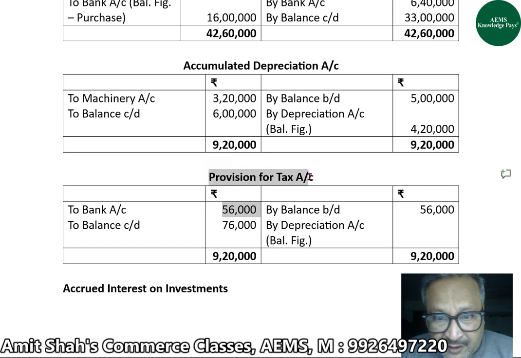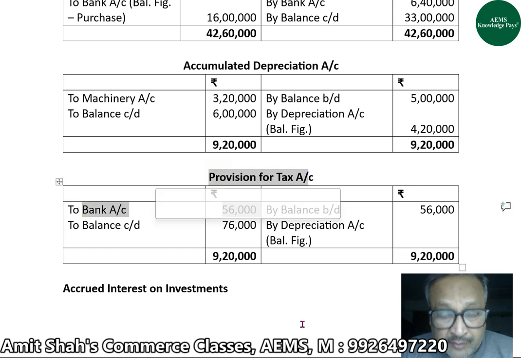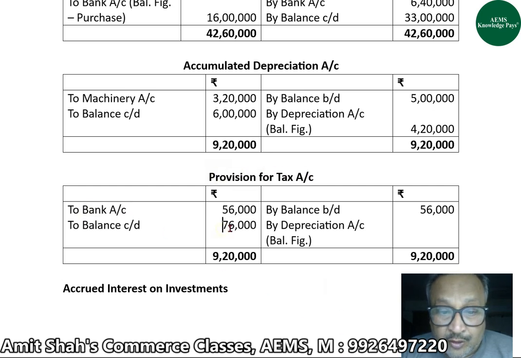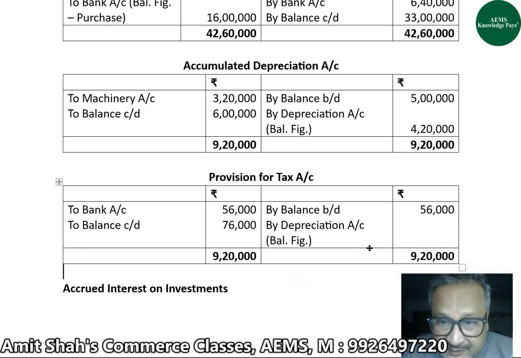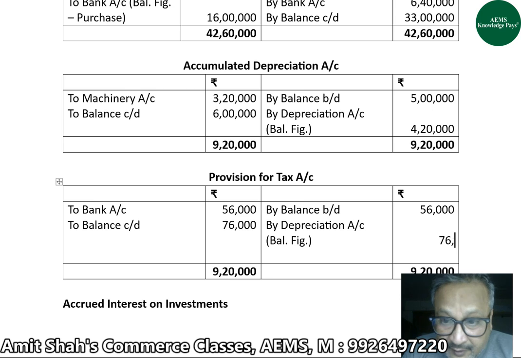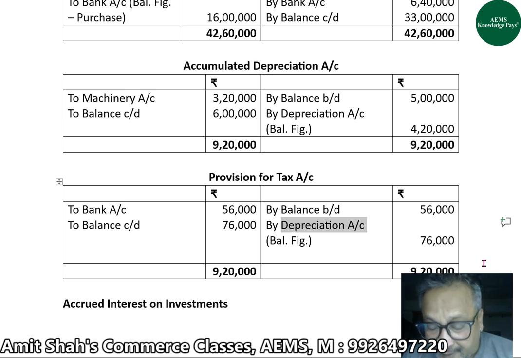The journal entry for it is provision for tax account debit to bank account. And the closing balance of provision for tax is the actual amount of tax that was charged during the year 17-18. It means 76 is the amount of tax which was the liability of tax for the year. Means on the profits of 17-18, the tax applicable was 76,000.